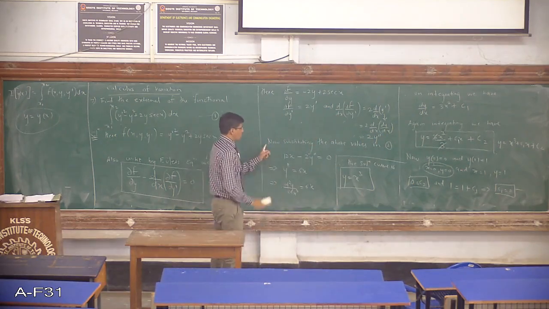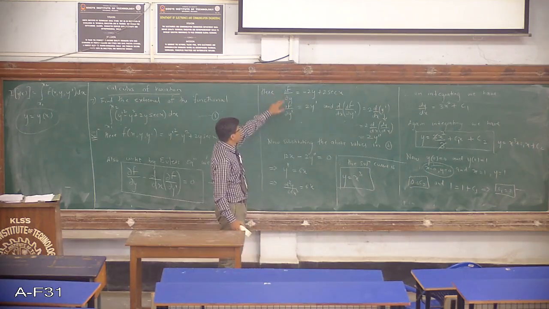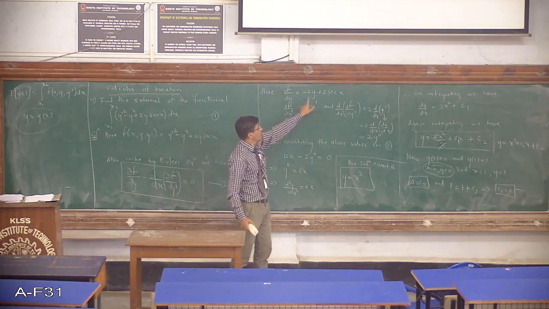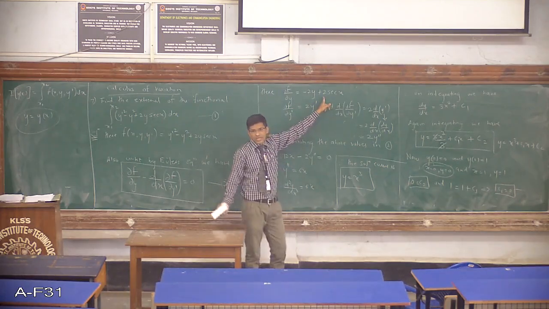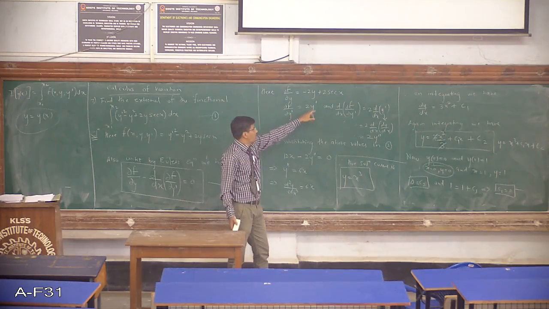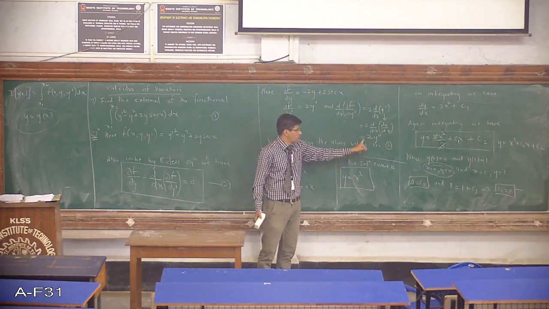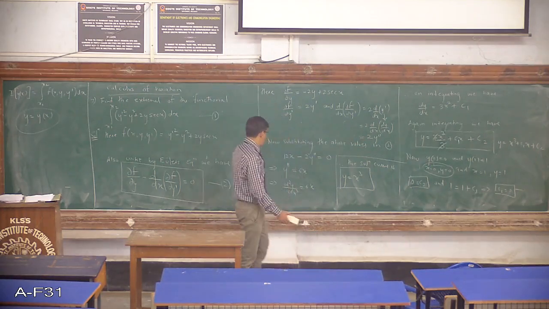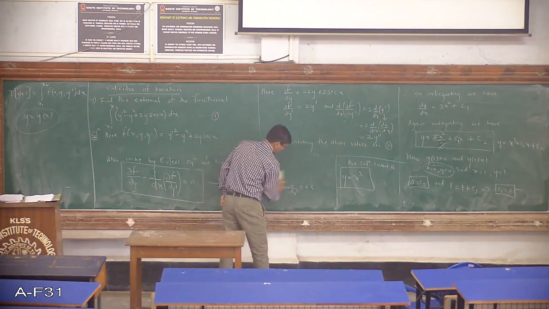Fine. Now substituting the above values in equation 2. The value of dou f by dou y is minus 2y plus 2 sec x, and d by dx of dou f by dou y prime is 2y double prime.